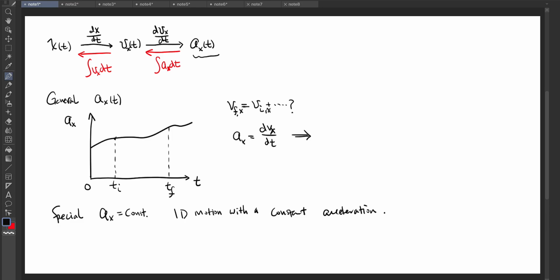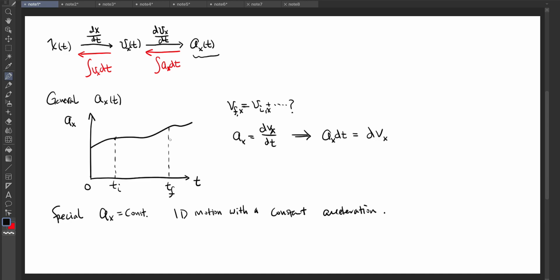Remember the definition of the derivative: we take the limit of delta v_x over delta t. That is a division, right? So if I multiply dt on both sides, then I can move dt to the left side. We have a_x dt equals dv_x.